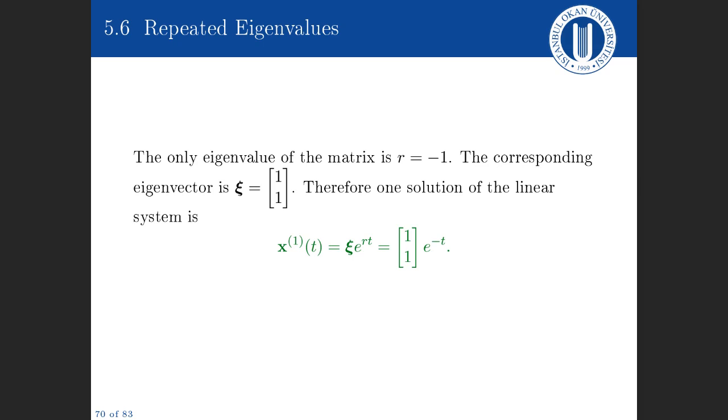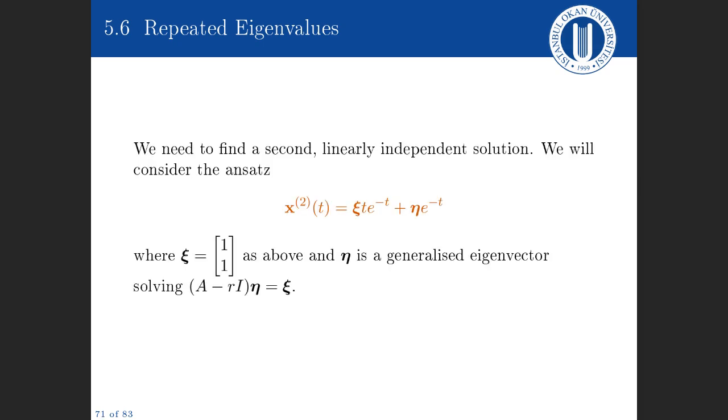We need to find a second linearly independent solution, and we're going to use a solution of the form xi t e to the power minus t plus eta e to the power minus t, where xi is the eigenvector 1, 1 that we've just found, and eta is a generalized eigenvector.